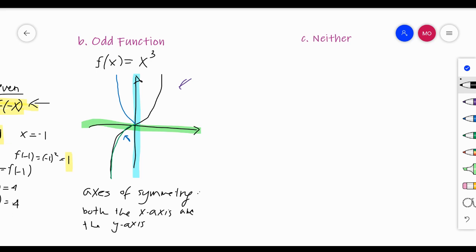Okay. Now, in terms of the equation, let me pick this back. So for odd functions, let me write it like that. I'm going to look to see what I wrote in the other one to have the same sort.